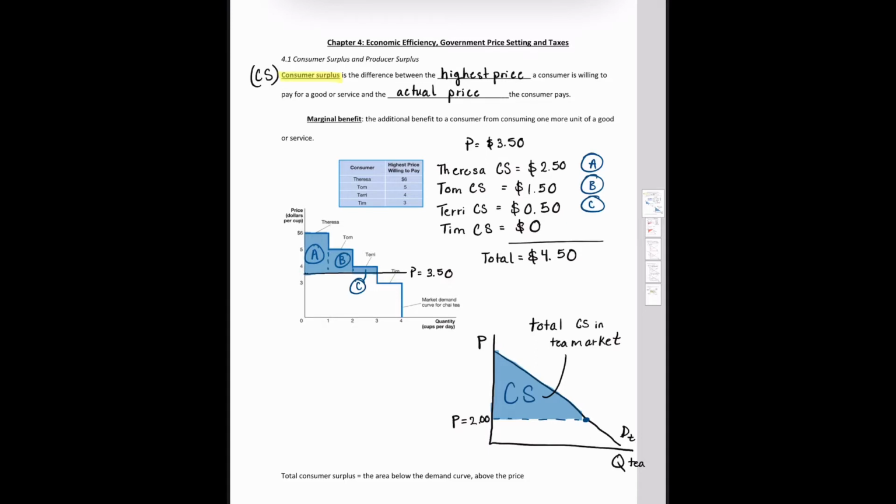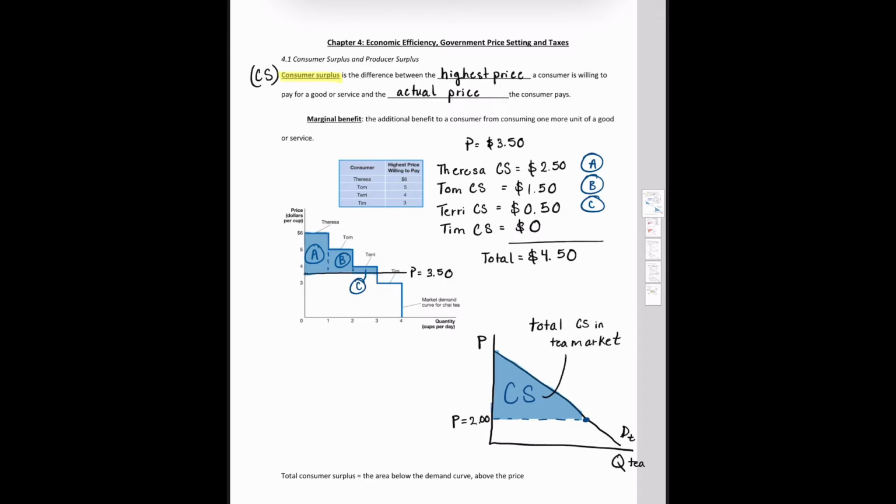So the example we'll be using here is the chai tea market, again, borrowed from the PowerPoint. If we were doing this in person, I may actually create my own market for something, but for simplicity's sake, we'll just use what the PowerPoint has. In this market, we have 4 different consumers: Teresa, Tom, Terry, and Tim, and they're characterized by the highest price they're willing to pay for a cup of chai tea.